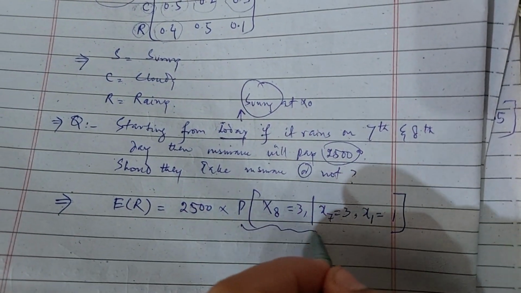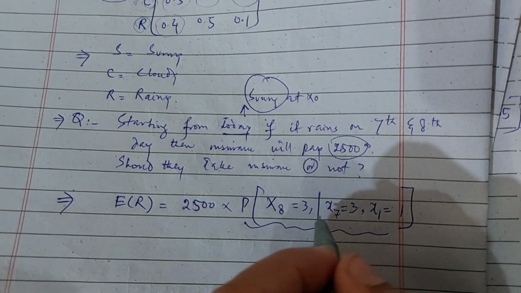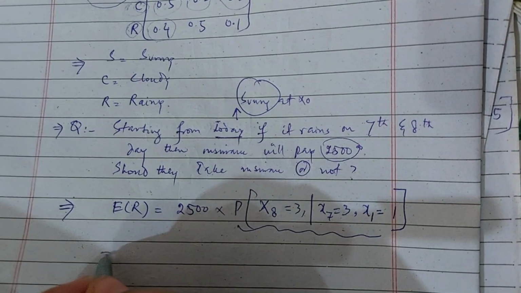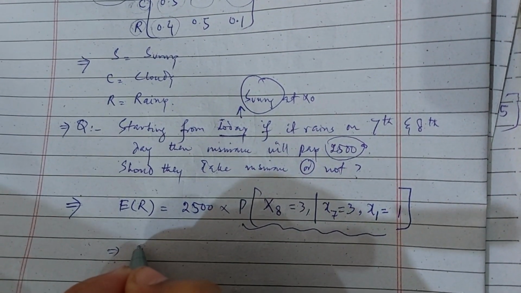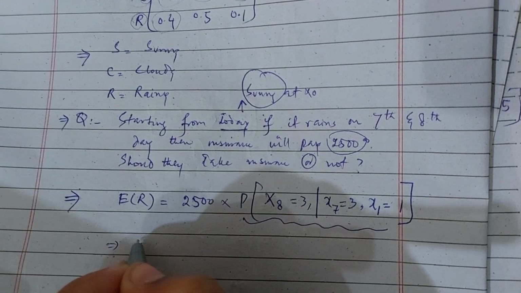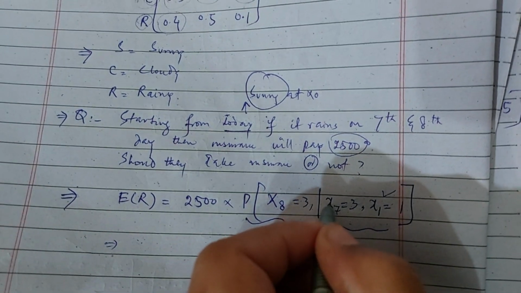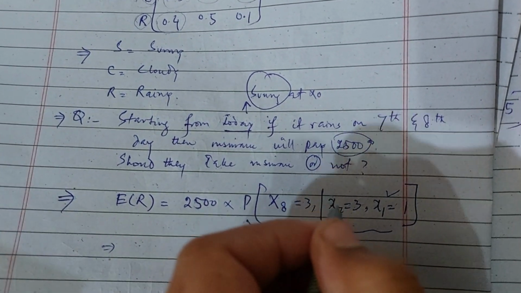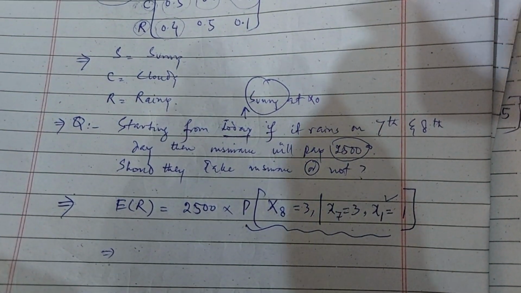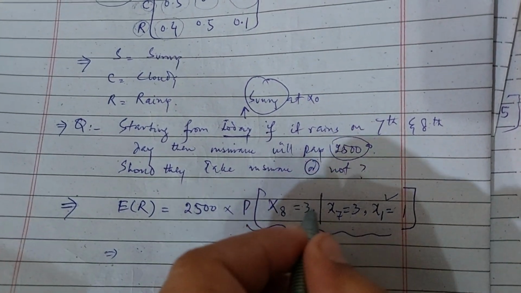Now this is done in two steps. First, from the first day, which is sunny, we have to move to the 7th day, and then from the 7th day we have to move to the 8th day.